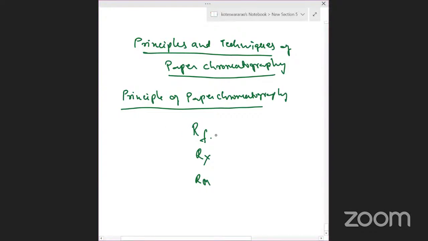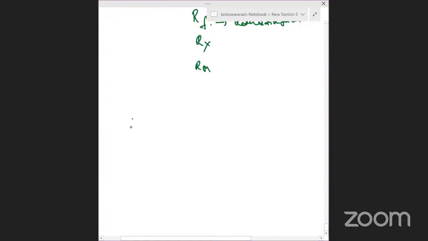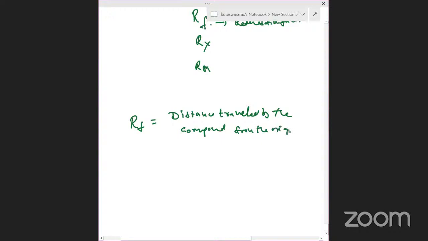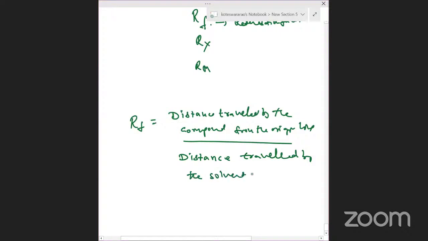The retardation factor, RF, can be calculated by the equation: RF is equal to the distance traveled by the compound or substance from the origin line, divided by the distance traveled by the solvent from the origin.